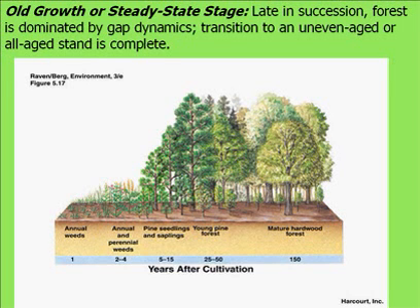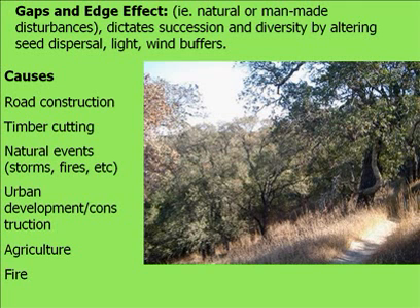As I mentioned before, gap dynamics, the gaps and edge effect are disturbances that create an edge along a certain area, or within an older growth stand, or within a forest. Those edges caused by disturbances dictate succession and dictate the type of species diversity coming in there by changing how seeds are dispersed, how light enters a particular area, and also how wind is buffered.